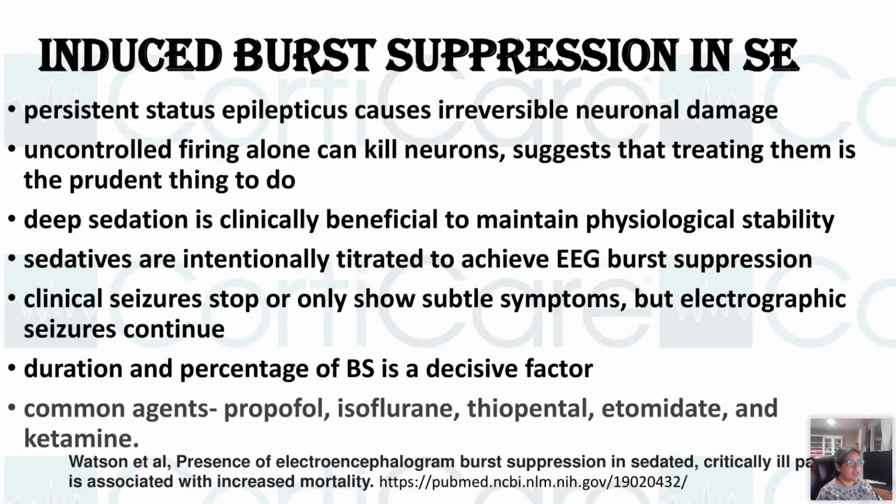So in this condition, the decisive factor is the duration of the suppression, the percentage of the suppression. So this suppression is titrated and very carefully monitored. The patients are hooked up to EEG, so we are reporting every hour, or 30 minutes, or 2 hours, what is the percentage of suppression.